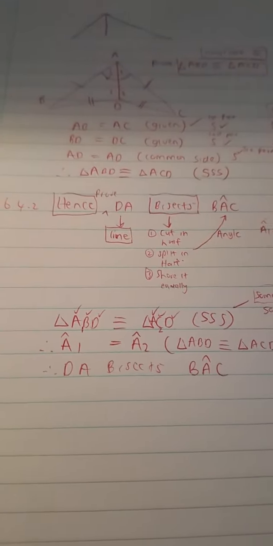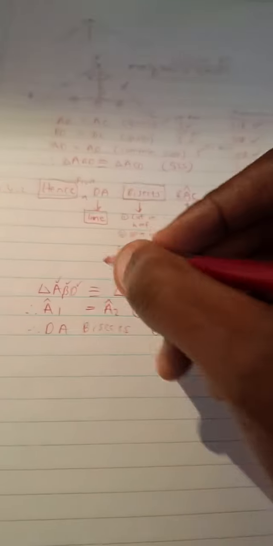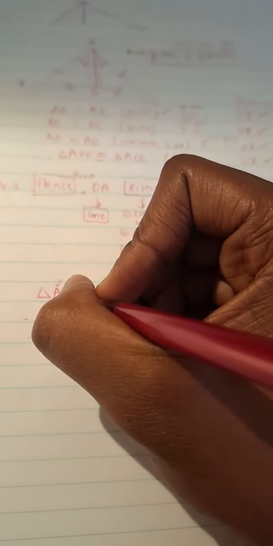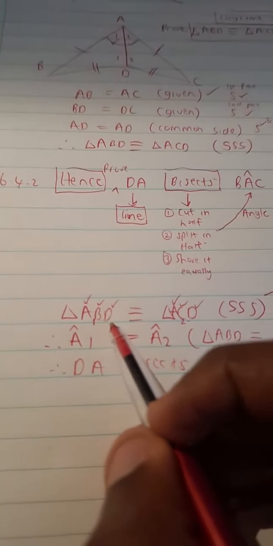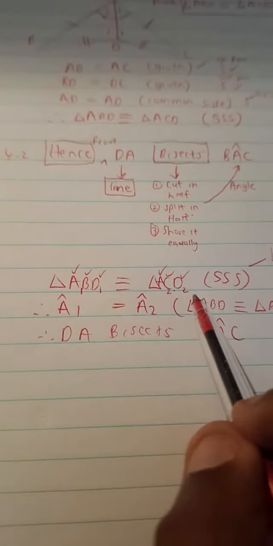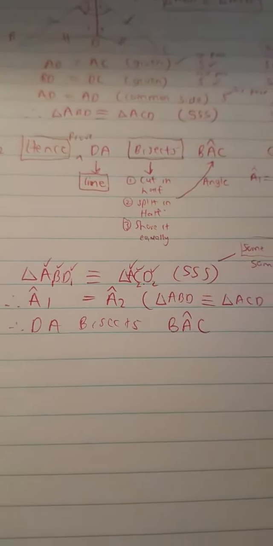Guys, this also is true. This angle B and that angle C are equal. And lastly, this angle D, which is angle D1, and that angle D, which is angle D2, are also equal. This is very important, guys, when triangles are congruent.